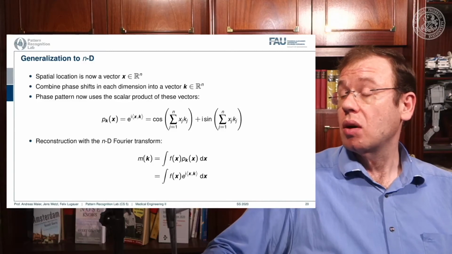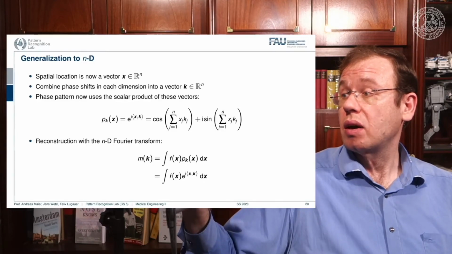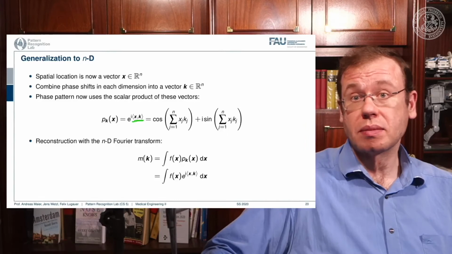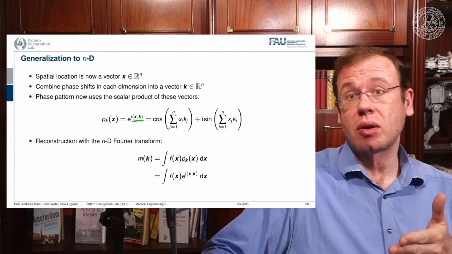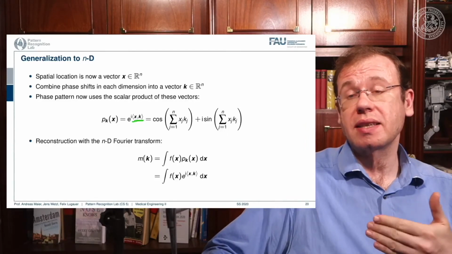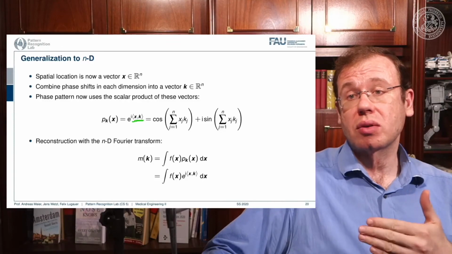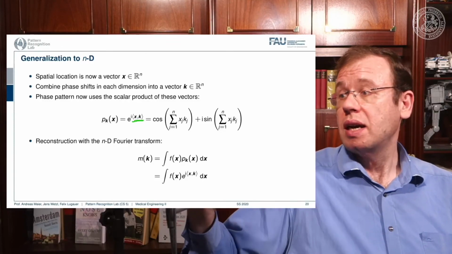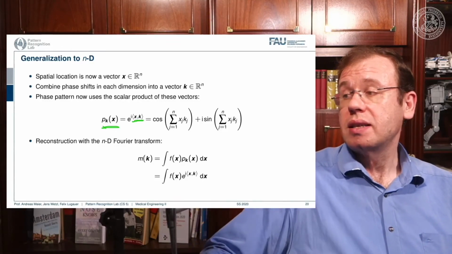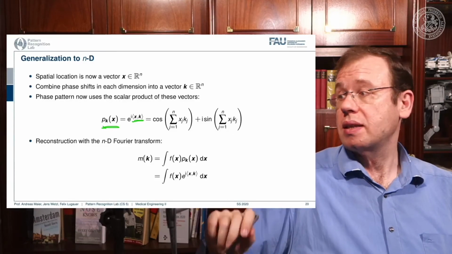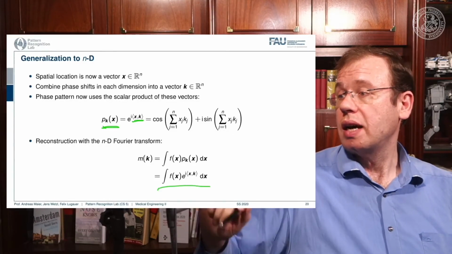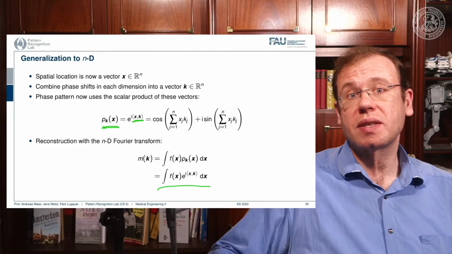So I suddenly get now here a scalar product, and it's the orientation of your wave and the inner product with the actual configuration at this voxel, and then I can measure the phase pattern in that way. And this then leads to n-dimensional Fourier transforms.